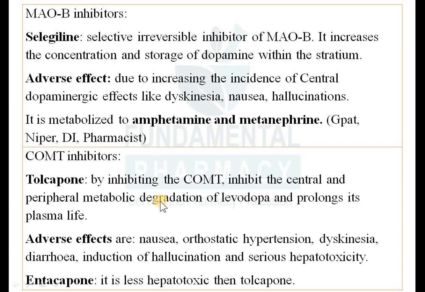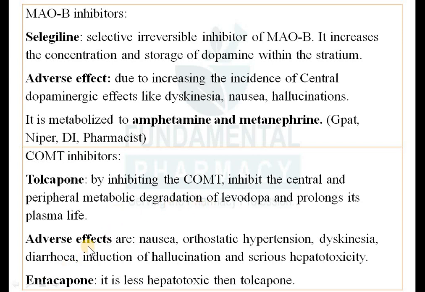Okay? So that will increase the level of dopamine, right? It will also prolong the action of levodopa. It will also decrease the metabolism of levodopa and prolong its plasma life. levodopa का जो लेवल होता है उसको बढ़ाएगा और उसका हाफ लाइफ भी इंक्रीज करेगा.